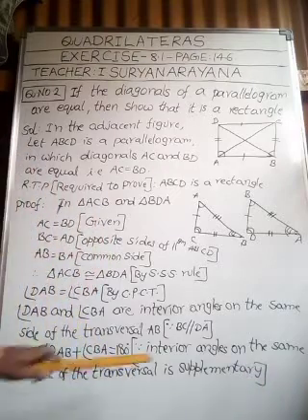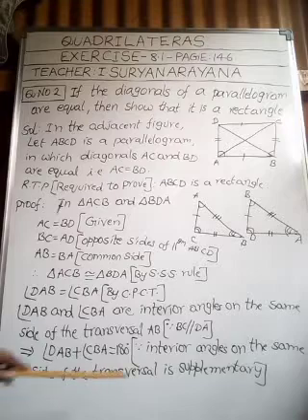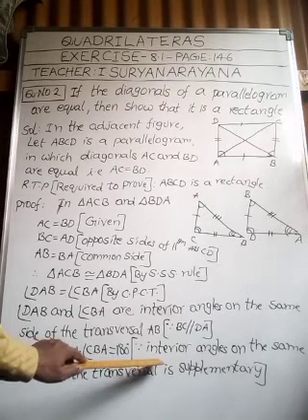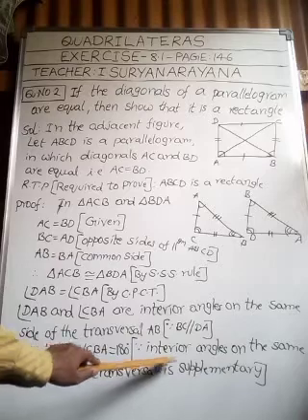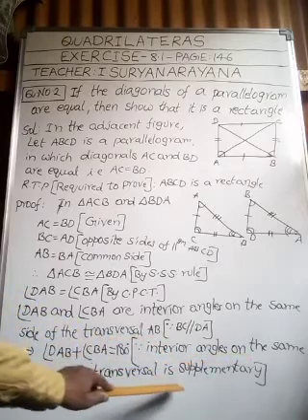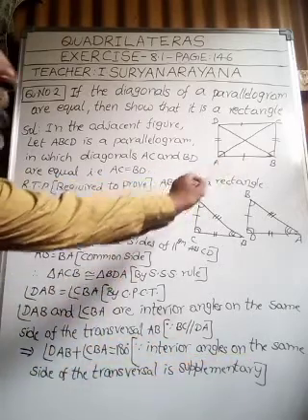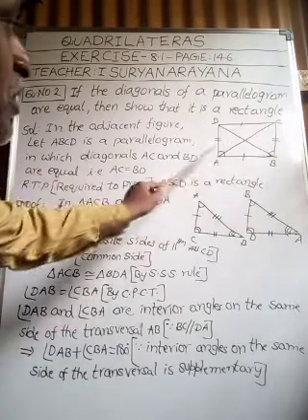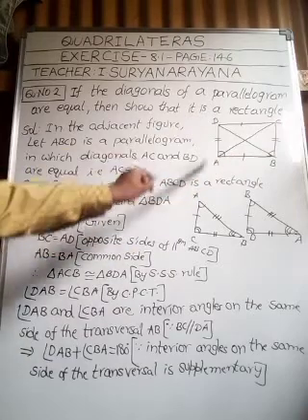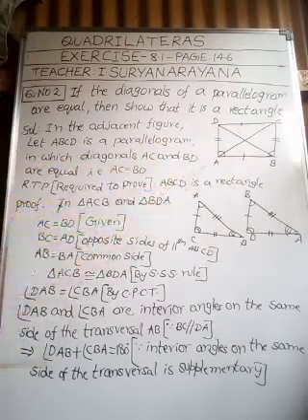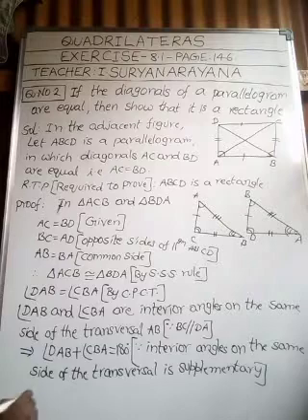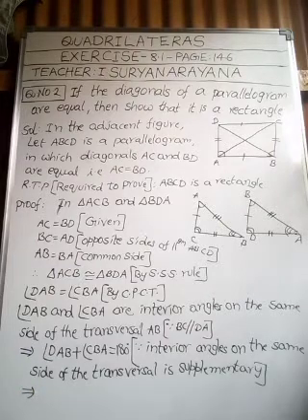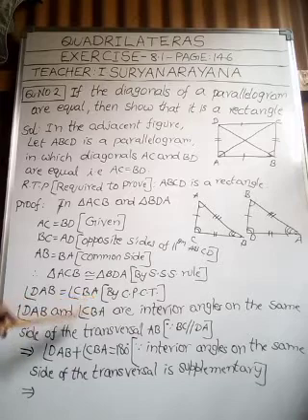You have to remember this property in parallel lines. So these two angles are interior angles on the same side of the transversal, taking AB as the transversal for the parallel lines BC and DA. Actually, angle DAB is equal to angle CBA. Both are the same.